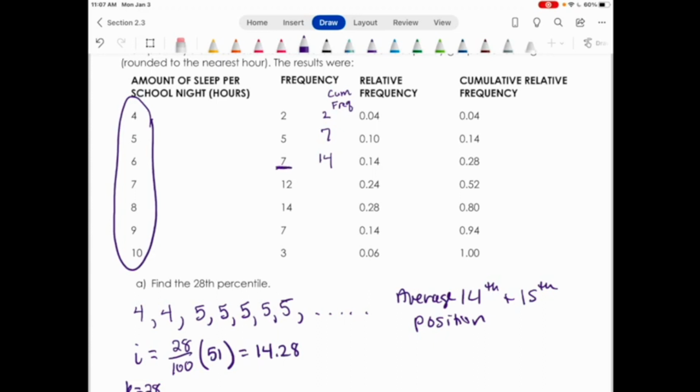So when I go to list out my 6s, my 6 is going to be in the 14th position because I have 2 4s, then I have 5 5s, and then I list out 7 6s. So 6 is going to be my 14th position.